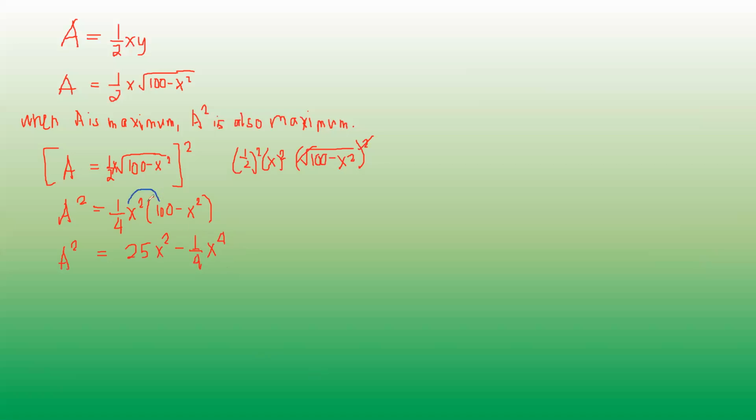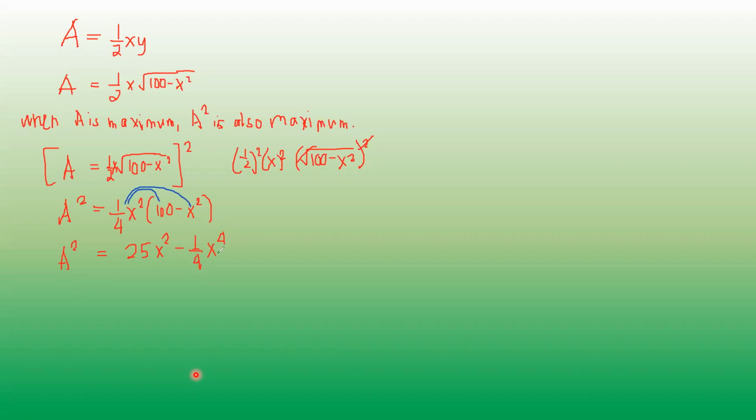Multiply mo dito yung 1/4 x squared. Multiply mo rin doon kay x squared lang. Kaya meron ko 1/4 of x raised to 4, 2 plus 2 exponent. Okay. So meron tayong equation ng area or a squared as 25x squared minus 1/4 x raised to 4.